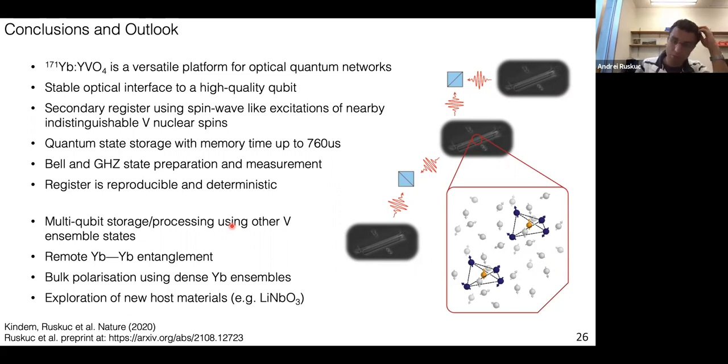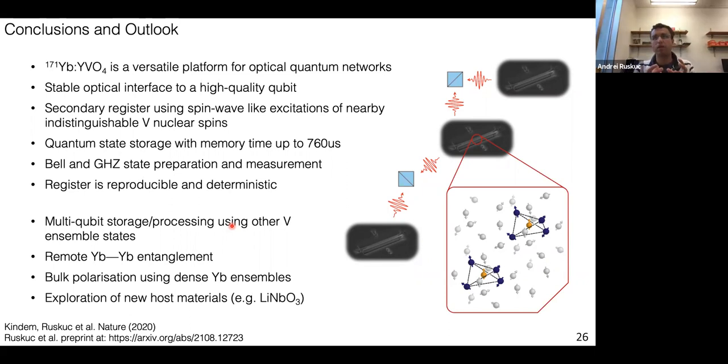Moving forward, we're interested in using this register to actually realize multi-qubit storage for our ytterbium atoms. We're interested in using pairs of ytterbium atoms in different cavities to demonstrate remote ytterbium entanglement. We're also interested in using very dense ensembles of these ytterbium ions to realize bulk polarization of the vanadium nuclear spins.